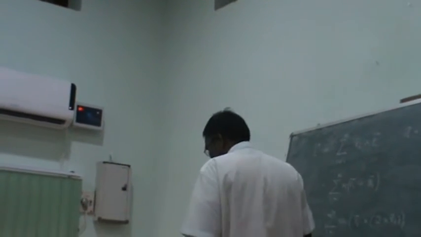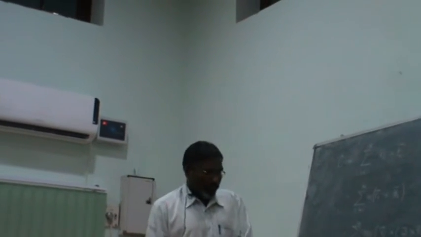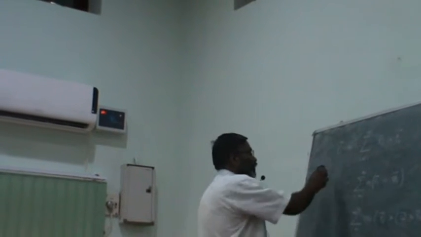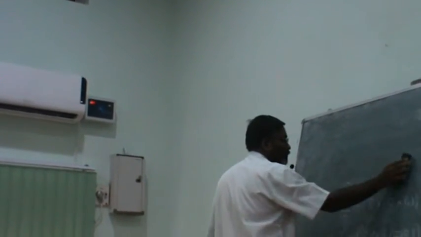It has no translational motion, only rotational motion, and the body set of axes correspond to the three different Eulerian angles of the problem. So this is about the moment of inertia tensor.